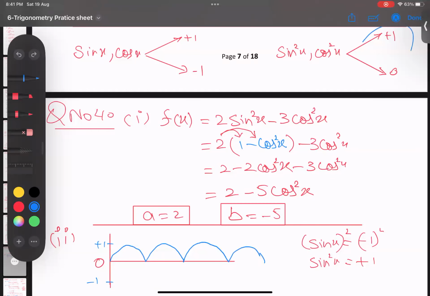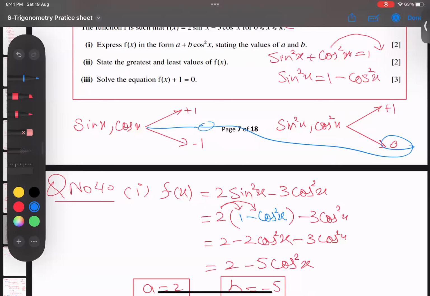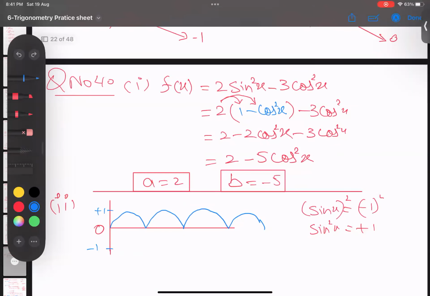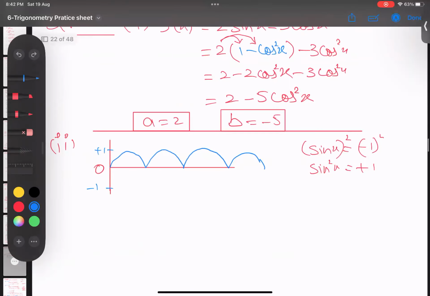That is why you can see on the top: sine and cos have highest plus 1 and lowest minus 1, but in the case of squares, negative will convert to positive, and 0 remains the lowest value. I believe you got my point. I hope it is clear. That is why, if the examiner asks me for the least and largest value of a function, what is the method I will use now? So let's start. This function f of x I'm writing now here.